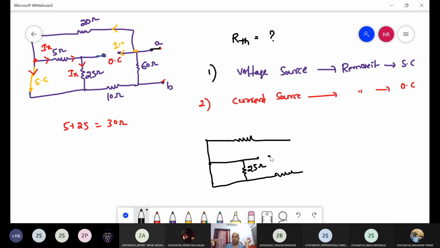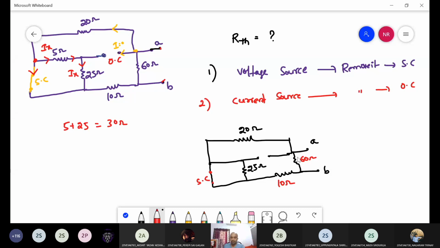Here it is open. A point, B point. Here it is 20 ohms. Then here it is short circuited, 10 ohms. Here it is 60 ohms.